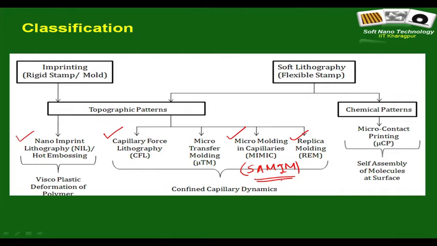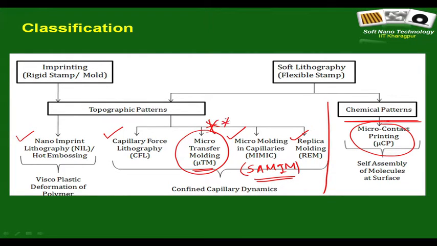We see that we have not talked about micro contact printing, which is in fact a method for creating chemical patterns, and another technique that sounds very similar to it, micro transfer molding, but that does not give a chemical pattern, it creates topographic patterns. In fact, you will find that this technique is very special, because typically nano patterning results in patterns on a film or a surface.